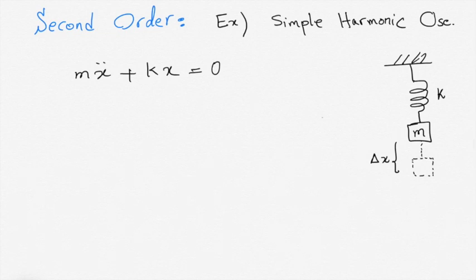For the second order differential equation, one of the simplest examples is the simple harmonic oscillator, like taking a solid object with mass m, and the constant of its spring, I forgot the name, probably you all know.